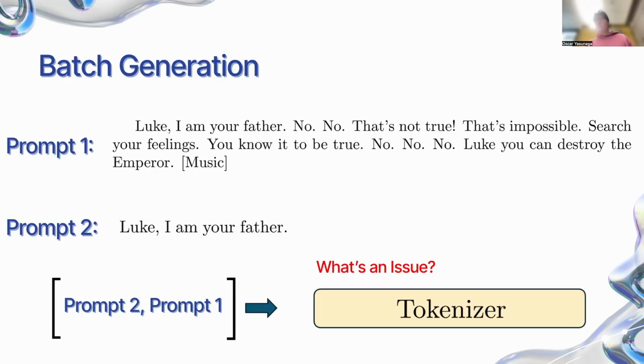In this batch generation, you can't just outright do it. The main issue is that these two prompts have different lengths. If you convert this into unique IDs, the lists won't match, and then there are issues that the tokenizer will face.